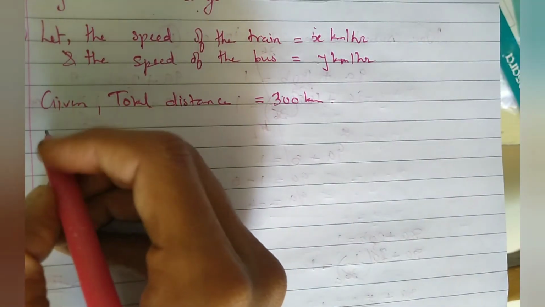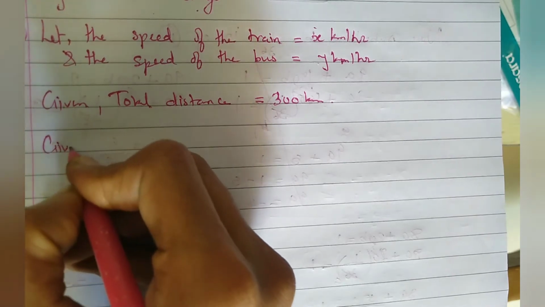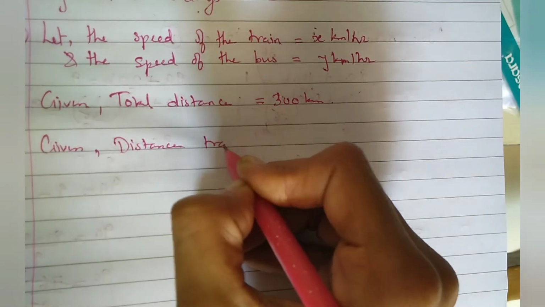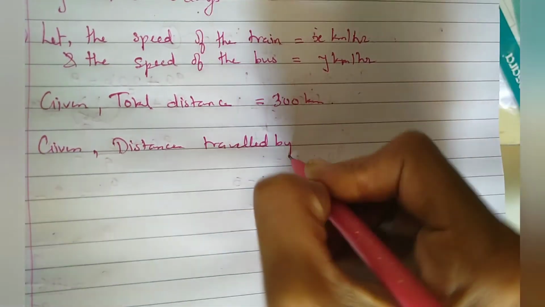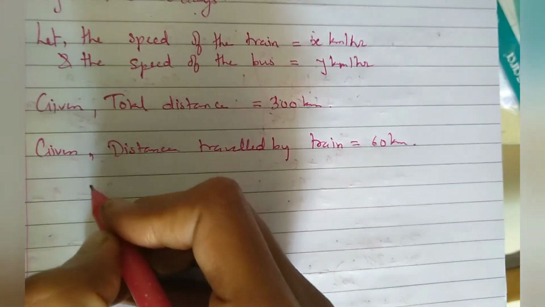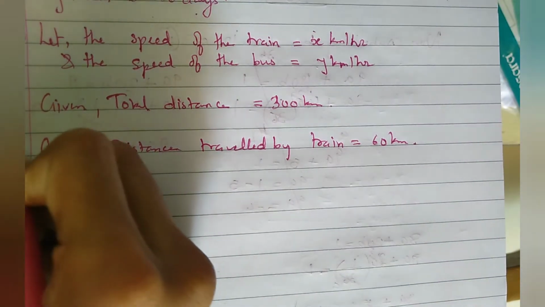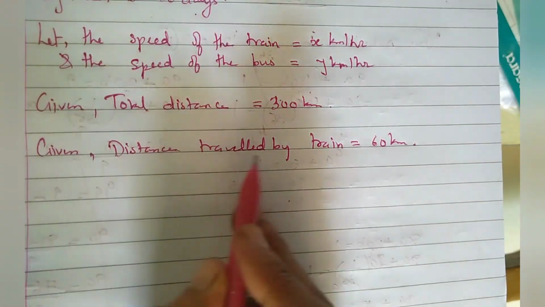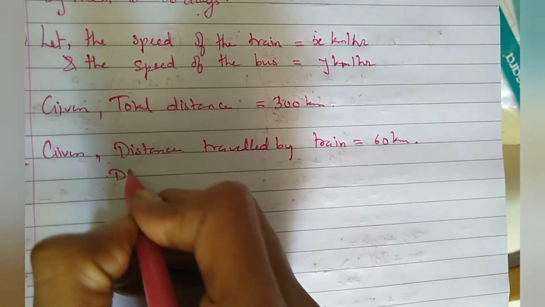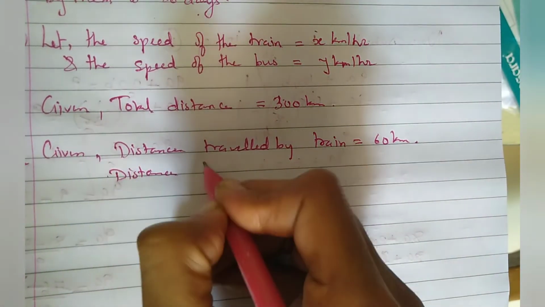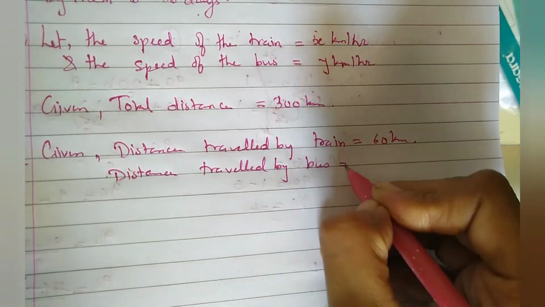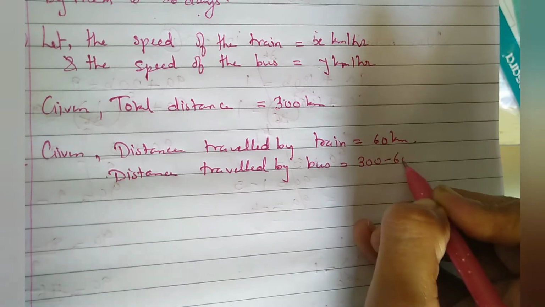Now what you had given, distance travelled by train is equal to 60 kilometer. For the first case, distance travelled by train equal to 60 kilometer and distance travelled by bus equal to 300 minus 60.